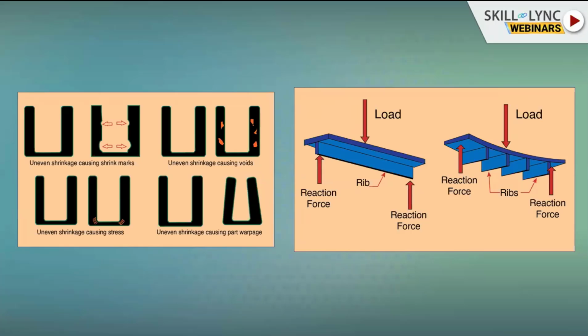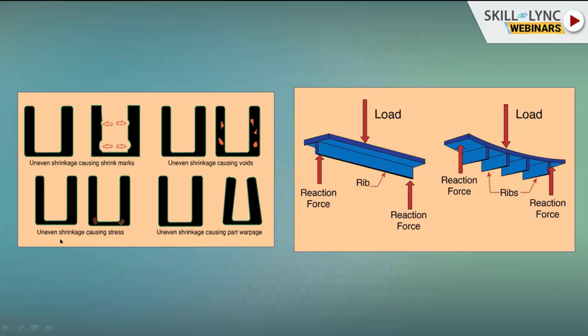In the first diagram, you can see that the thickness is different here and here, and at this region the sink marks are created. In the second diagram, due to non-uniform thickness, voids have been created.